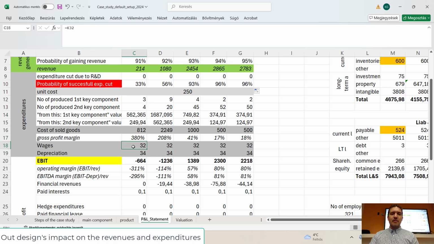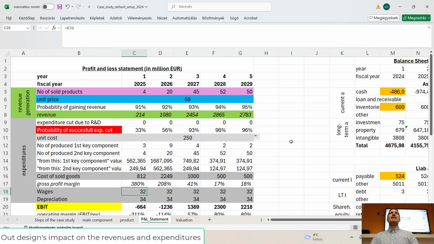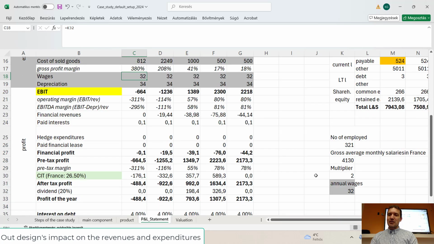So, wages. Unfortunately, in the case of wages we don't have much information. Since this is a private company, so it's not listed, according to their last publicly available data they were employing 321 people. Some of them can be carpenters, some engineers, some secretaries.